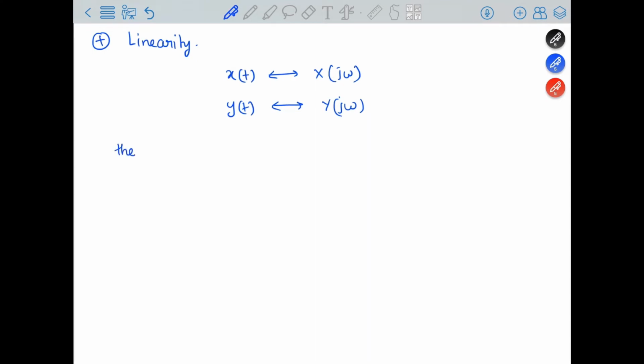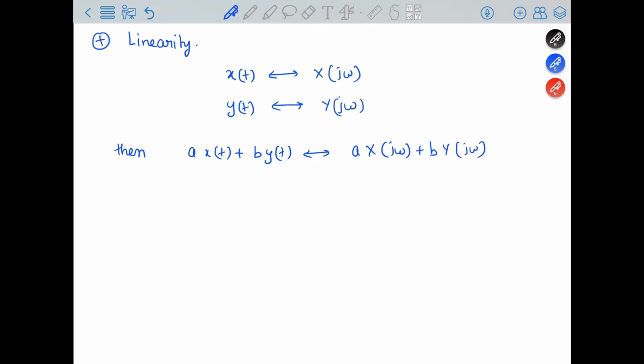Then the linear combination of these two, a of x(t) plus b of y(t), must have the Fourier transform of the form a into X of j omega plus b multiplied with Y of j omega.